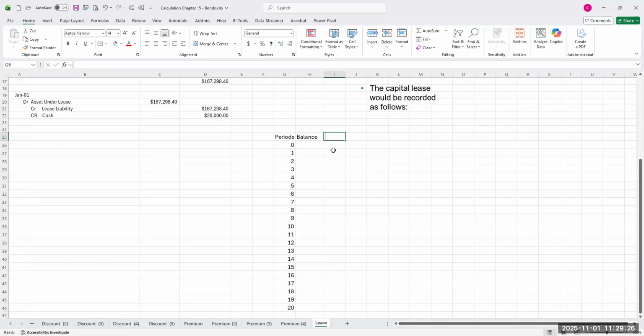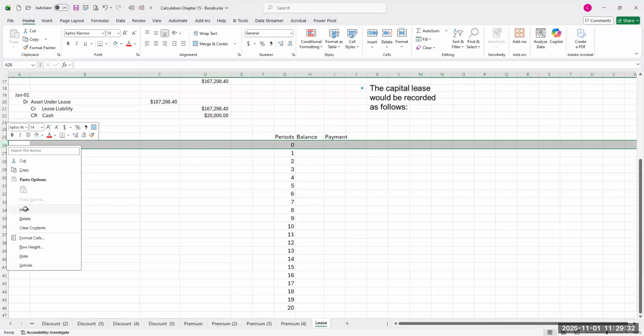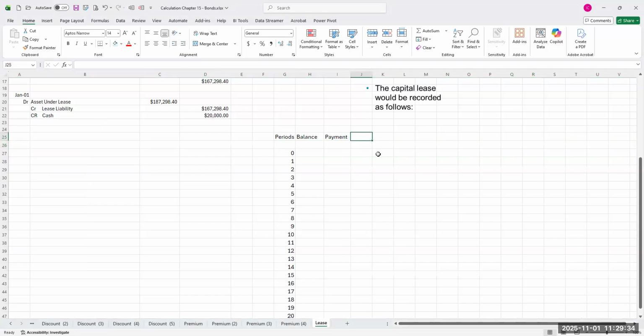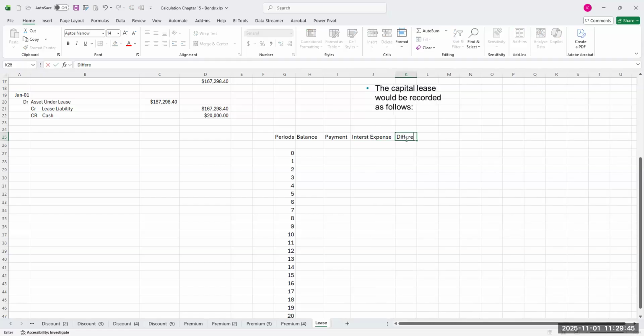We're going to have payment. We're going to have the interest expense. We're going to have difference. And we're going to have a lease liability.